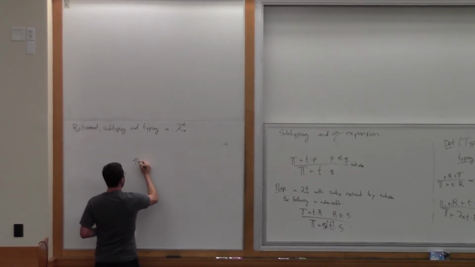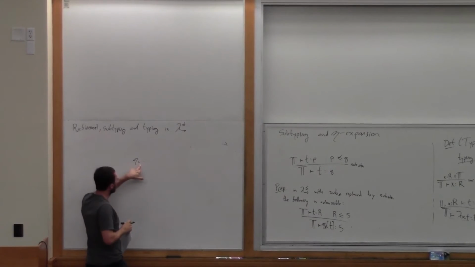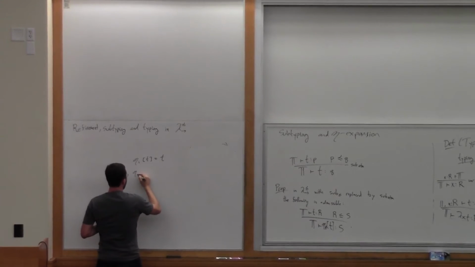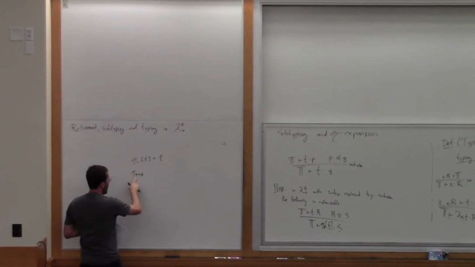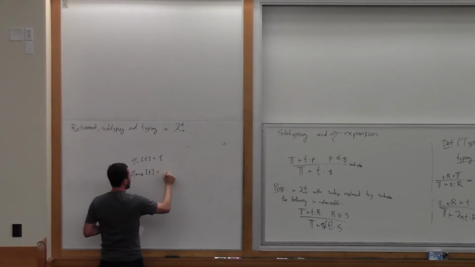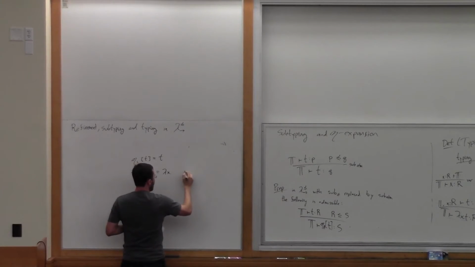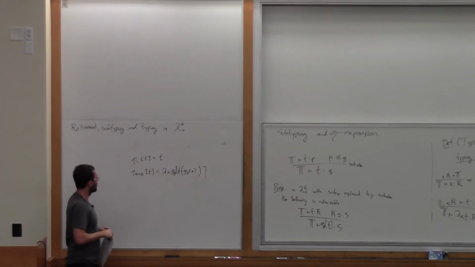So the eta expansion at an atomic type iota of T is just T, and the eta expansion at a type A → B is lambda x, and we're going to eta expand x, but now we're going to eta expand it at the type A. We're going to apply T to that, and then we're going to eta expand the result at the type B. So this gives an inductive definition of eta expansion, the iterated eta expansion at a type A.